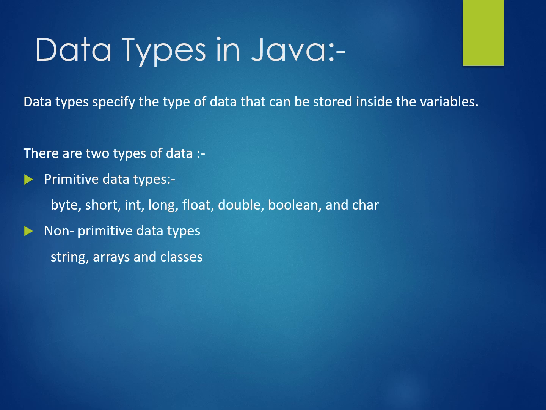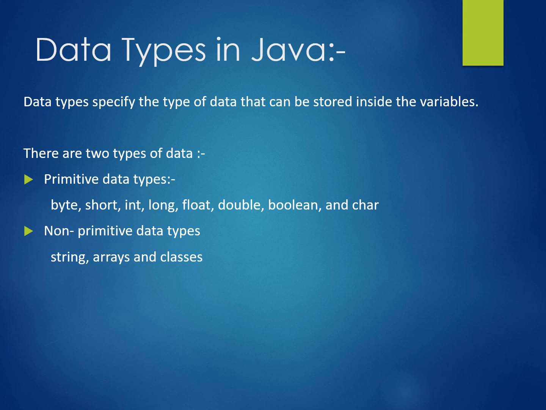Now, data types in Java. Data types specify the types of data that can be stored inside the variables. So, first of all, we need to declare the data types of the variables. There are two types of data: primitive data types and non-primitive data types.